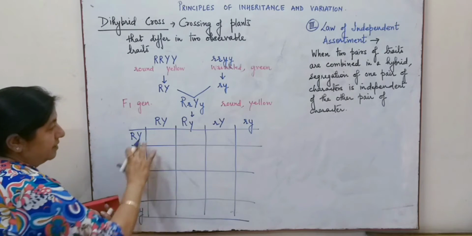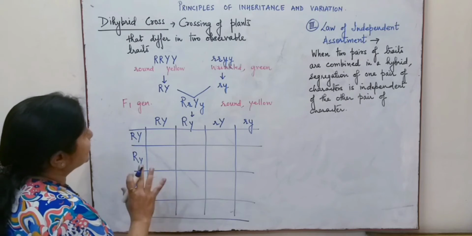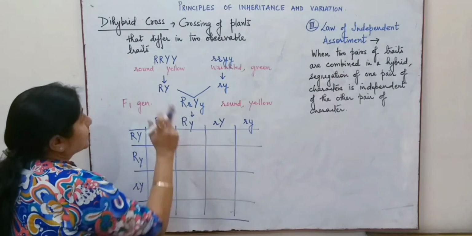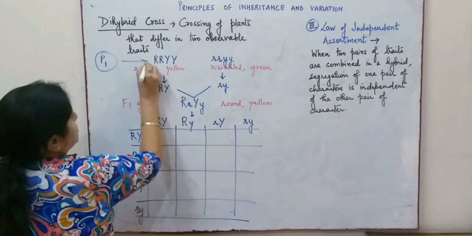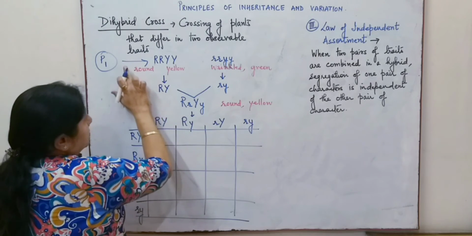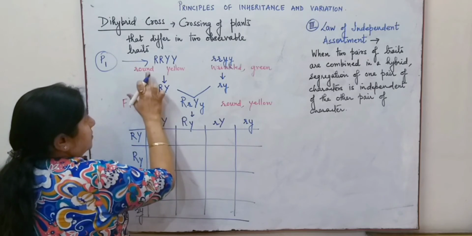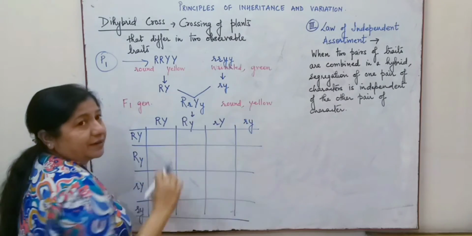we are arranging them. Now here you can see again this is the P1 generation, that is the parental generation. The parental generation is purebred for round and yellow and wrinkled and green.